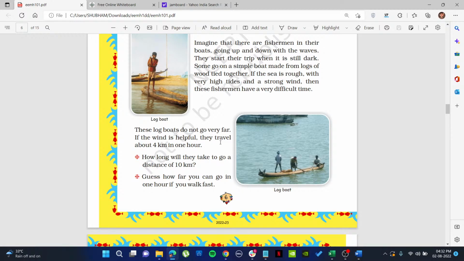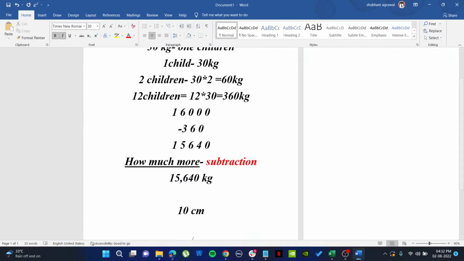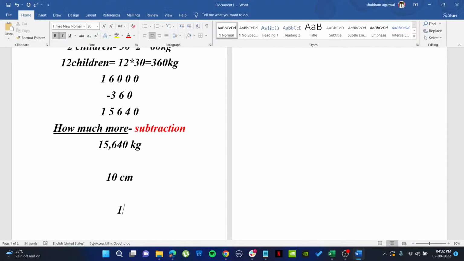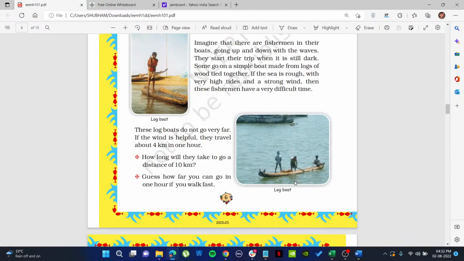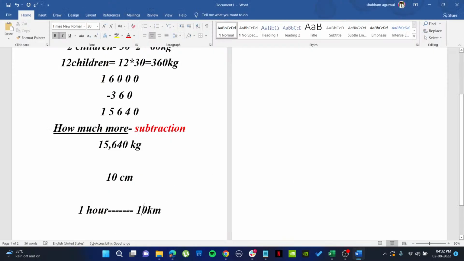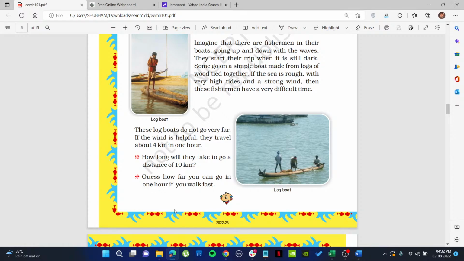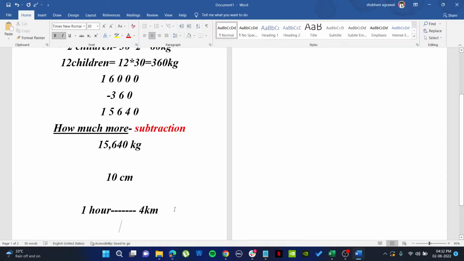For 1 hour it is taking 4 kilometer. Let's write it here. In 1 hour it is 4 kilometer, and we need to calculate for 10 kilometer.